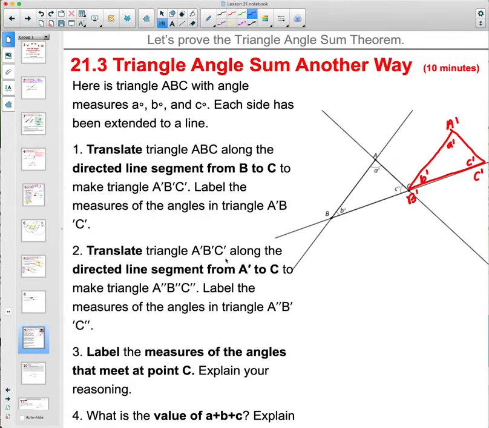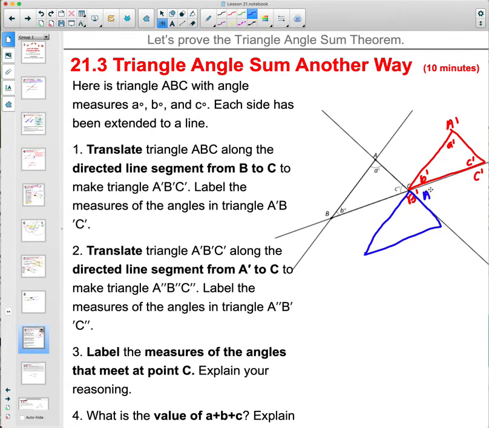Then it wants us to take triangle A prime, B prime, C prime, and now change this one. Okay, now translate this one along the segment from A to C. So translate triangle A prime, B prime, C prime along the directed segment from A prime to C. Okay, so from A prime to C, and label that A double prime.